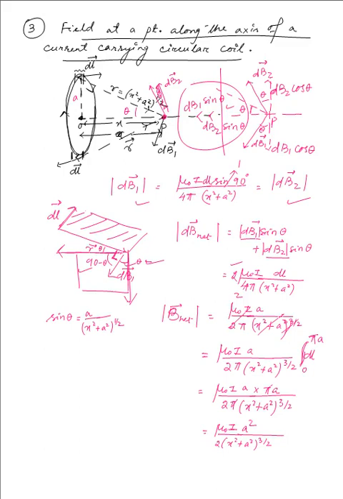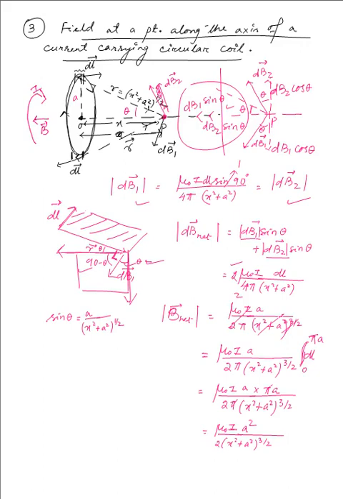If you align the four curling fingers of your right hand along the direction of current, then dB, the extension of the thumb, goes along this direction. So the curling of the current gives the straight direction of the magnetic field.